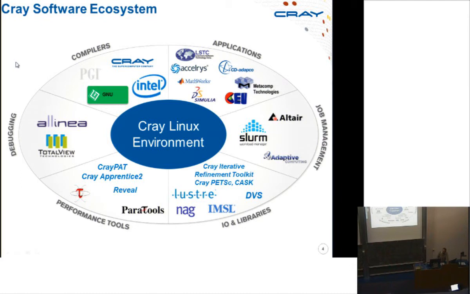Compilers: I think the change is that we've introduced stronger support for the Intel compiler, given the switch to Intel processors, and PGI support is perhaps more limited. We're still supporting visual debuggers through Allinea and TotalView. We can do job management through the common Altair, Slurm, Adaptive Computing.